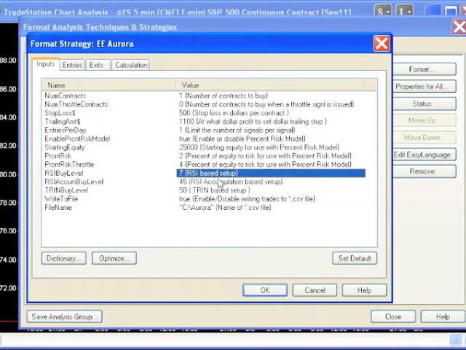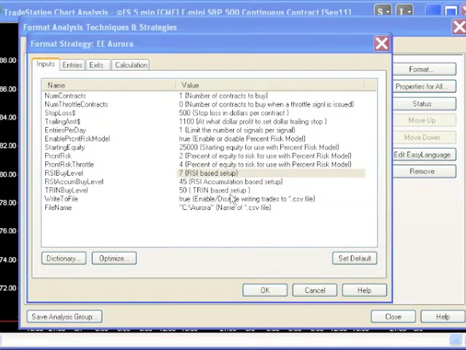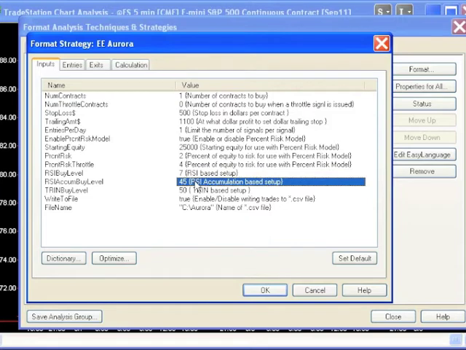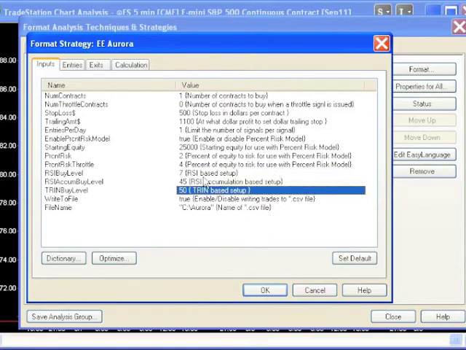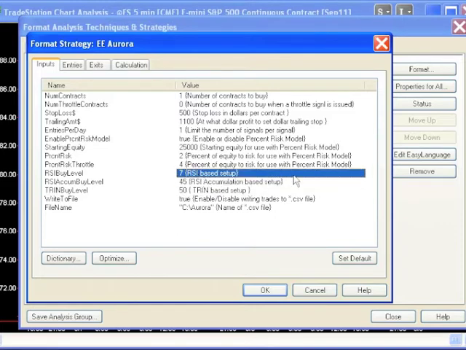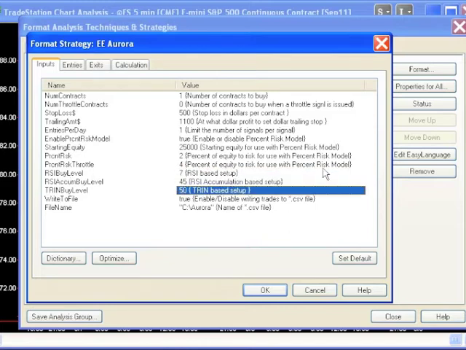What these numbers indicate is essentially how deep the pullback needs to be on the daily chart. The lower the number here, the more restrictive we are going to be. In other words, the deeper that pullback needs to be on the daily chart. The input values are explained in more detail in the user manual, and for those of you who are trying to figure out how the system works, these are key values that I've explained in other videos, so you can figure out what's going on.